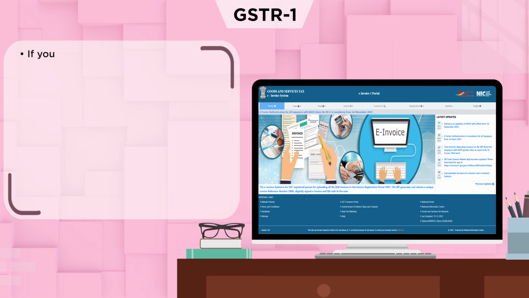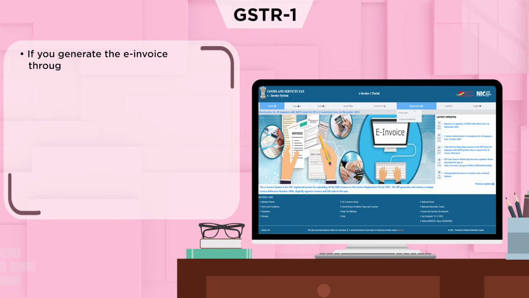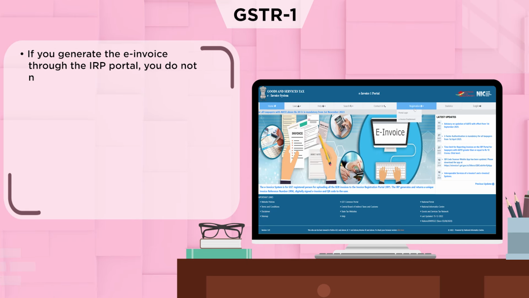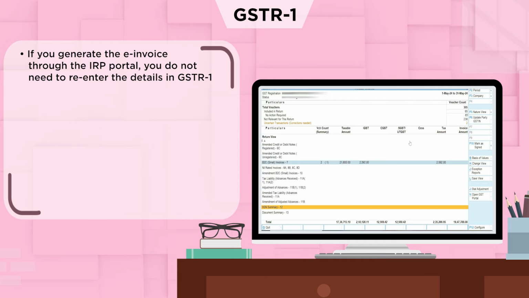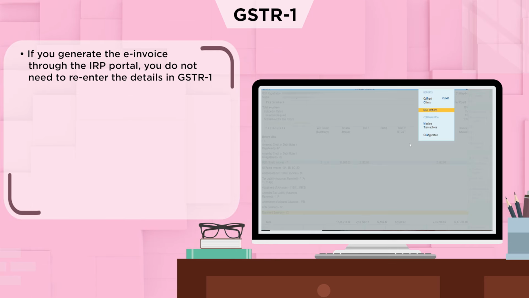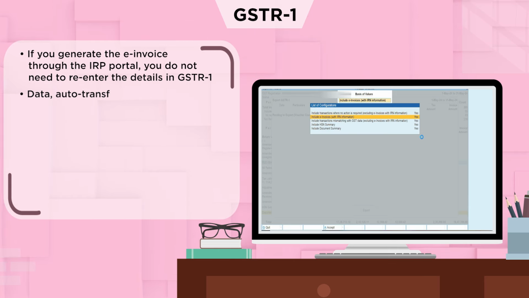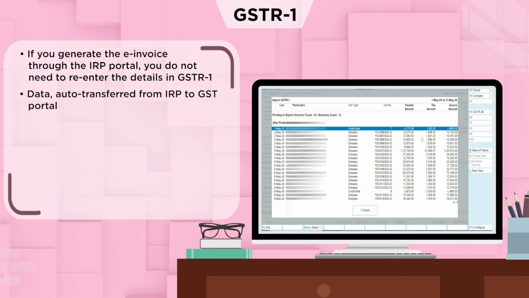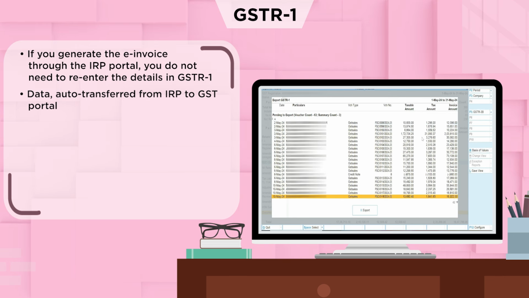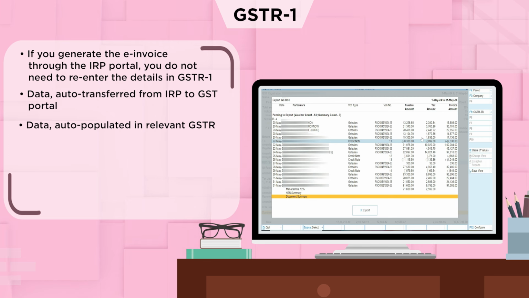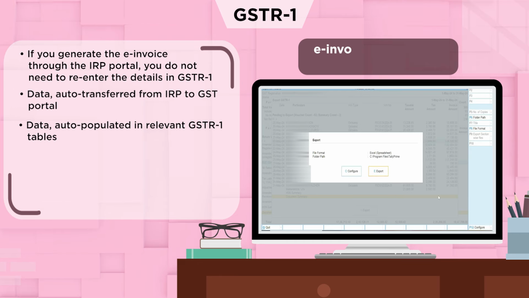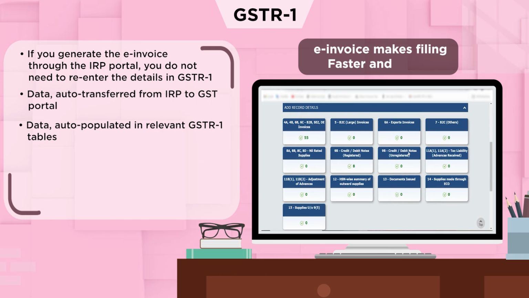If you are generating e-invoices on the Invoice Registration Portal (IRP), there is no longer a need to enter the details of such e-invoices while filing Form GSTR-1. These e-invoice details are transmitted from IRP to the GST portal and auto-populated in the relevant tables of Form GSTR-1, making the return filing process faster, easier and more accurate.